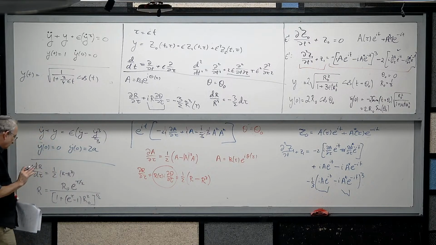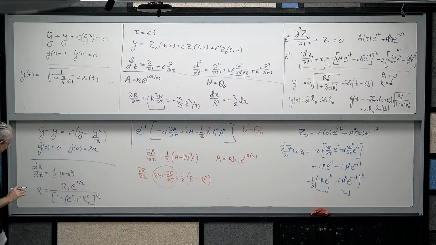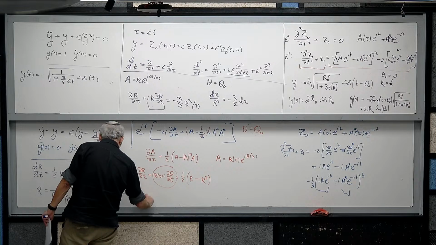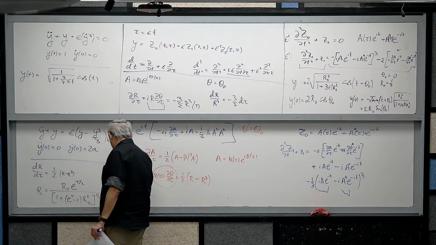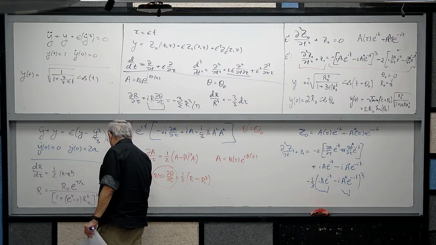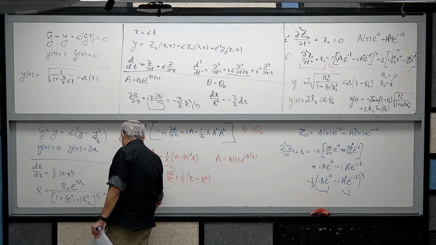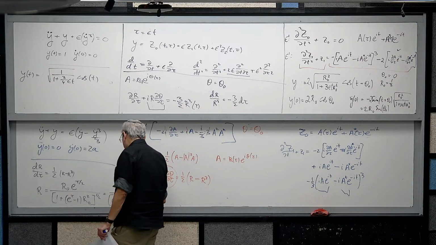If I'm taking tau to 0, it will be R naught. Or I can write it as R naught divided by e to the tau plus 1 minus e to the tau R naught squared, to the power of 1/2.